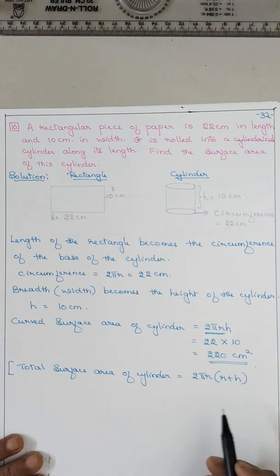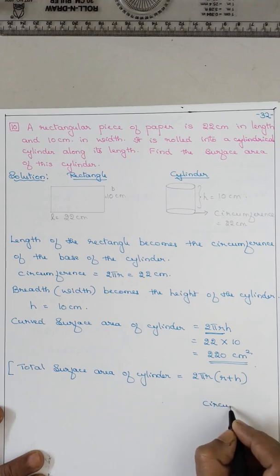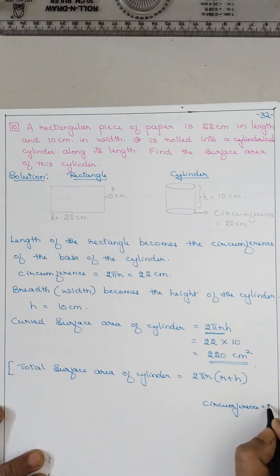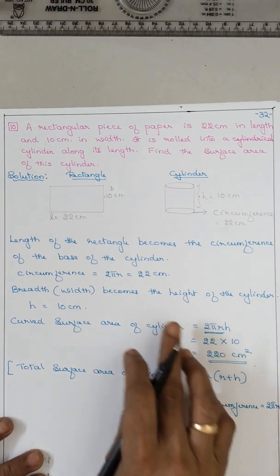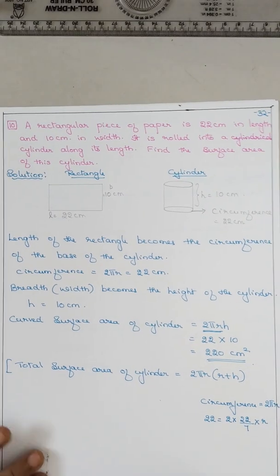So for that, you have to find out the circumference, which is equal to 2πr. Okay, how much circumference is given? 22. So 2 into π into r, find out r.